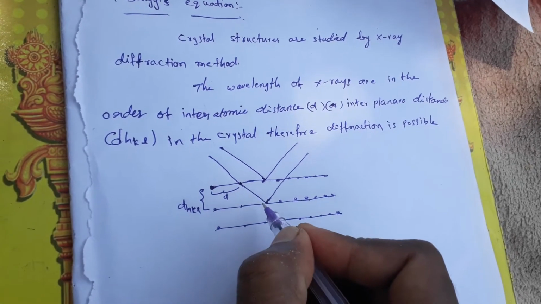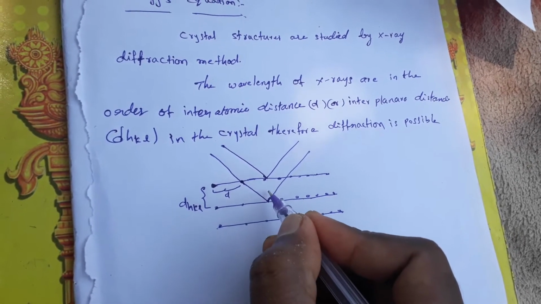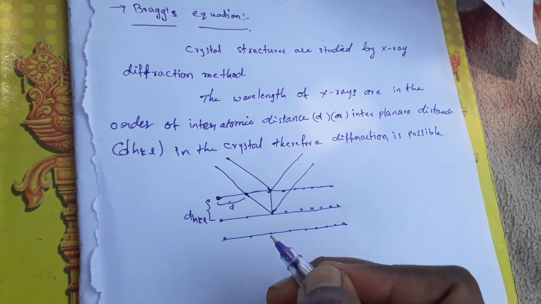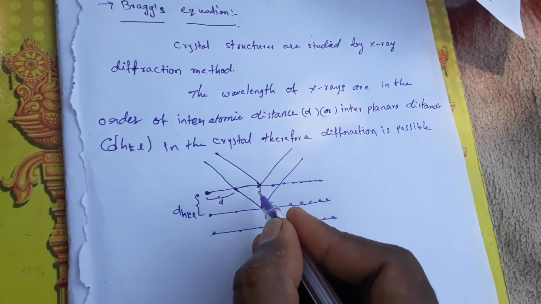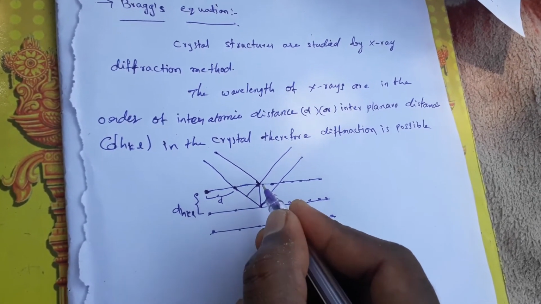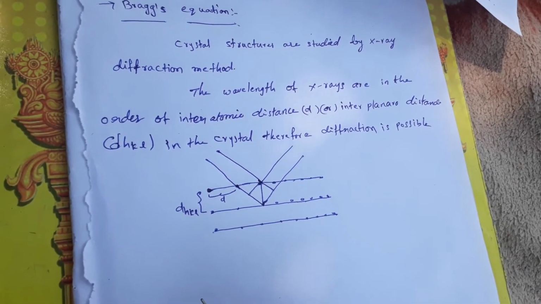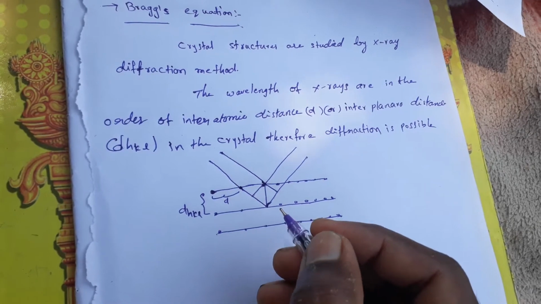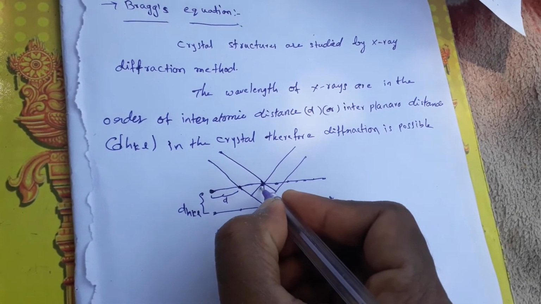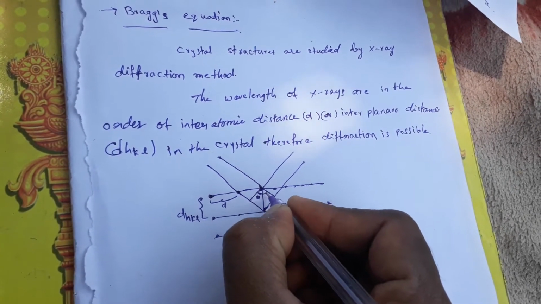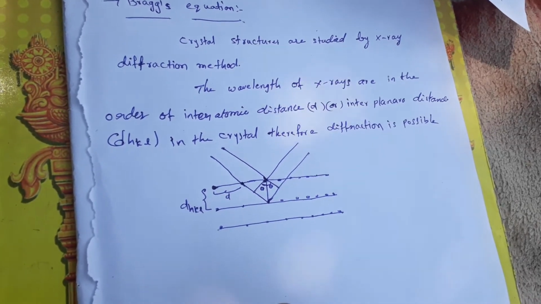So the distance between these two planes is d HKL. If I draw a line through here, then we will find the distance. Here the angle made with the crystal plane is theta.